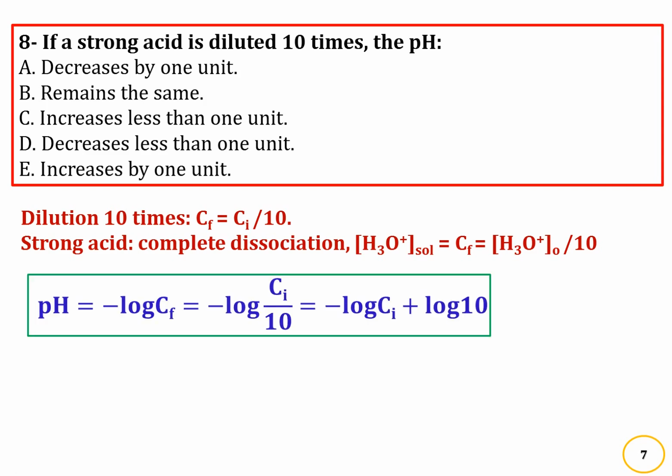The formula is pH equals minus log C final, since the acid is strong and it has complete dissociation to H3O+. H3O+ in solution after dilution equals the final concentration, which is equal to the initial concentration of the strong acid divided by 10, and the initial concentration of the strong acid is equal to the initial concentration of H3O+.